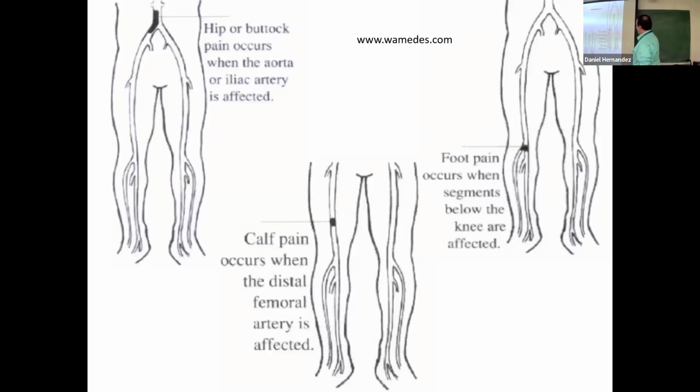If there's popliteal occlusion, it will affect segments below the knee. Pain in the calf could be femoral. So it's proximal to where the patient's experiencing those symptoms. So where's the disease? Proximal to the symptomatic area.